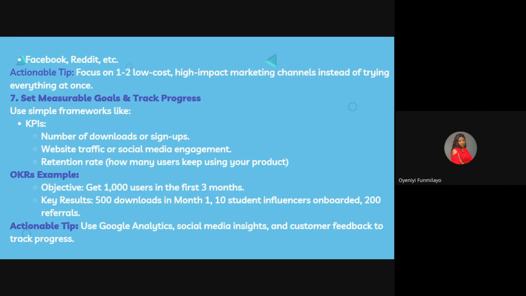You just launched this product, right? Of course, you want to see how many people are signing up on your product. You want to see the website traffic or social media engagement. You also want to see the retention rate. Okay, 1,000 people signed up on our app. How many people are consistently coming back to use that product? Do you get? That's retention rate.